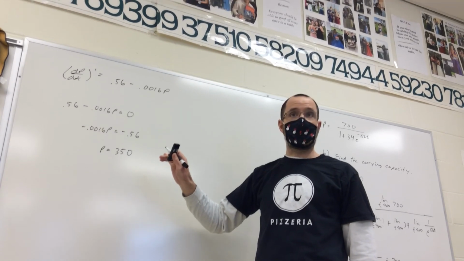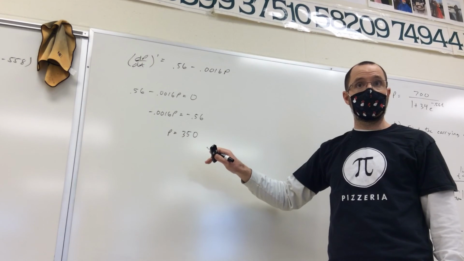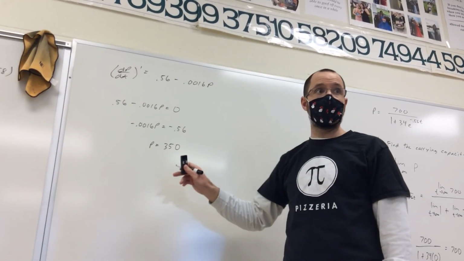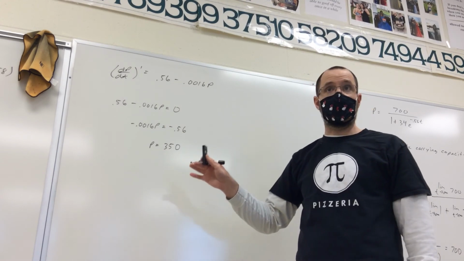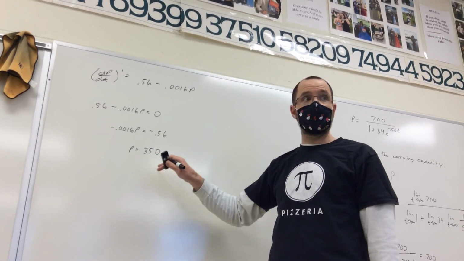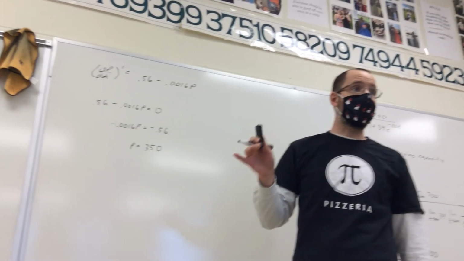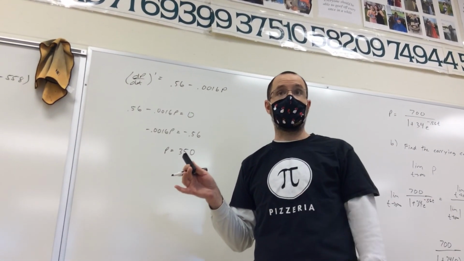So now we need to confirm that this is a max, right? So often how we do that is we do a number line. But that's going to be kind of awkward on this problem because we don't have t values. We just have p values. So I want to remind you that another way to test to see if it's a max is to look at the concavity.